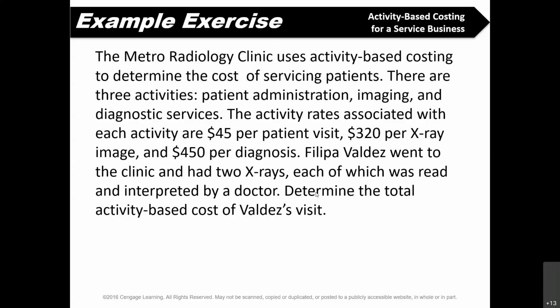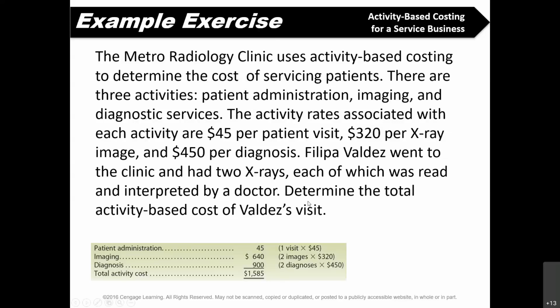That sounds about right. So let's take a look. Yeah, 900 for diagnostics, that's right. So what we would do is there's the patient visit, $45, $640 for imaging, $900 for diagnostics. You add all those together, and the patient's total activity cost was $1,585 for that one visit.